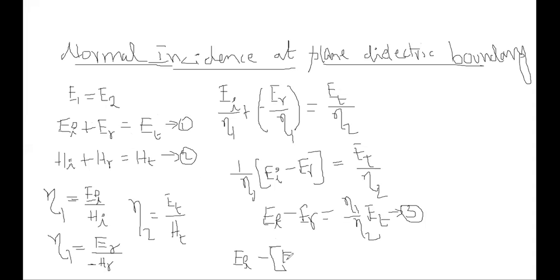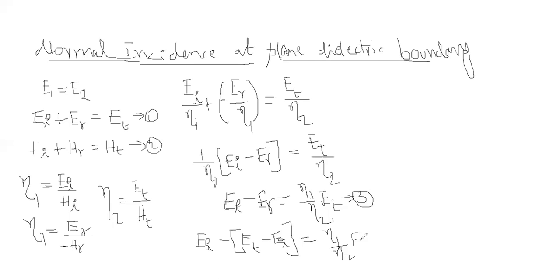So EI minus (ET minus EI) is equal to eta 1 by eta 2 ET. Now we can simplify. This equation is only in terms of EI and ET. So minus of minus is a plus, EI plus EI is 2EI.